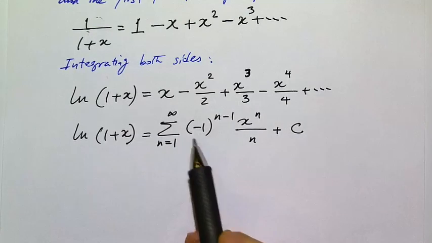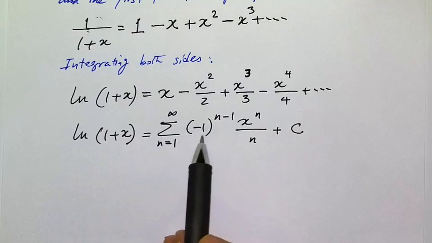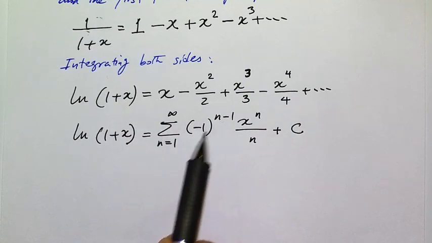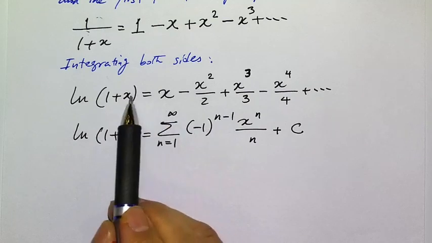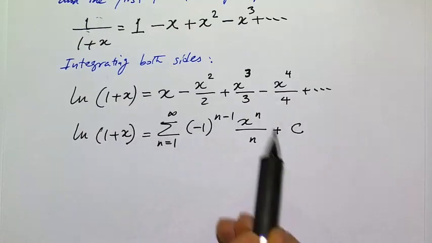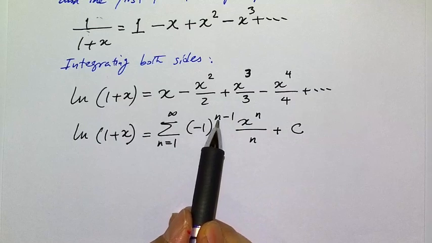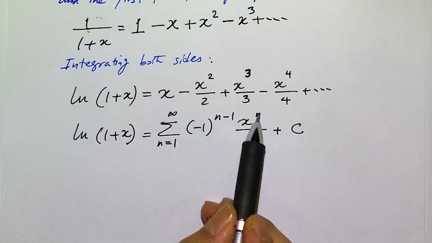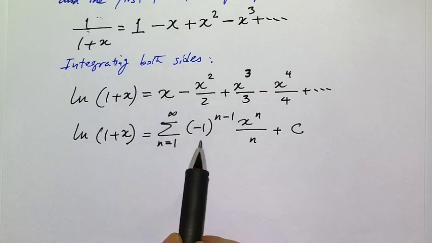So this being the power series representation of this, for n equals 1, what will we get? Looking at that, we can write that. We have 1 minus 1, 0, that drops out. Minus 1 to 0 power is just 1. X to 1 power is just x, over 1 is just x.